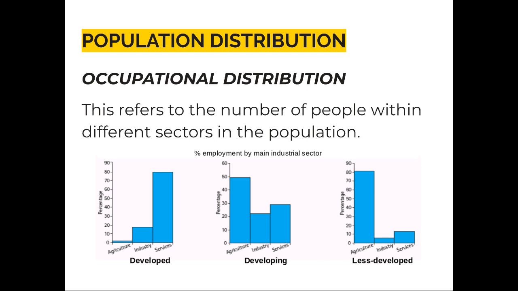But in developing countries, some of them are still working in agriculture, but they also have some population working in industry and services. But in less developed countries, perhaps they have no capital, so they cannot run industry, and they cannot have a lot of services there.